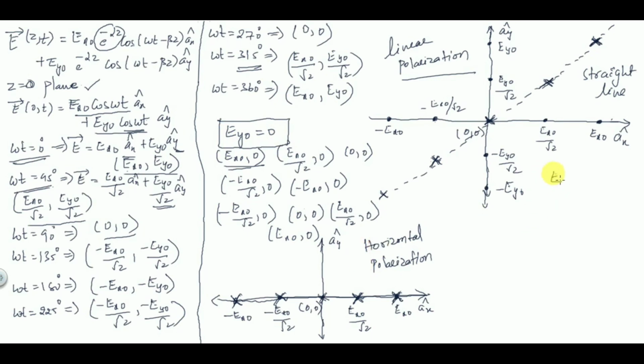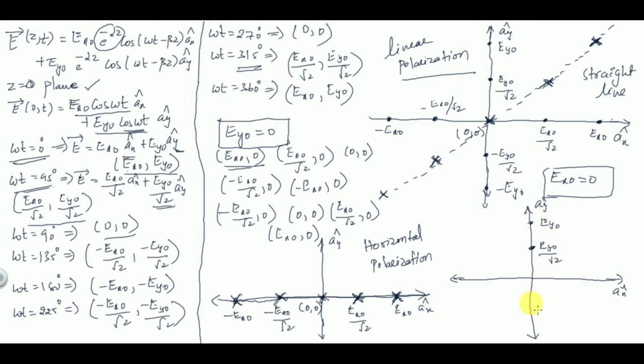Similarly, if you substitute the x component equal to 0, Ex0 equal to 0, you will get vertical polarization. So this is ax cap, this is ay cap. Yes or no? So the different points will be, this is Ey0 by root 2, this is Ey0. Okay, this is 0 comma 0.